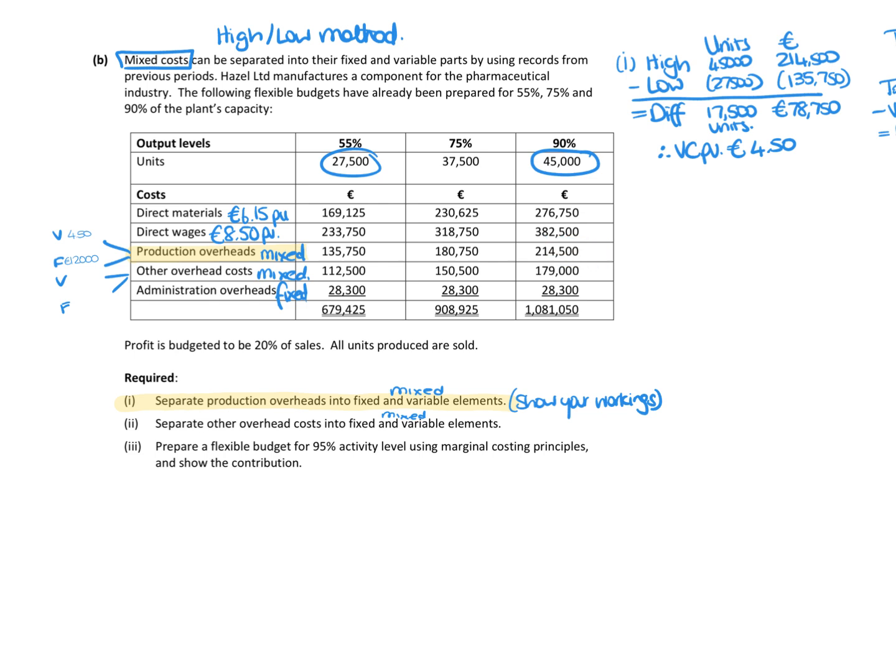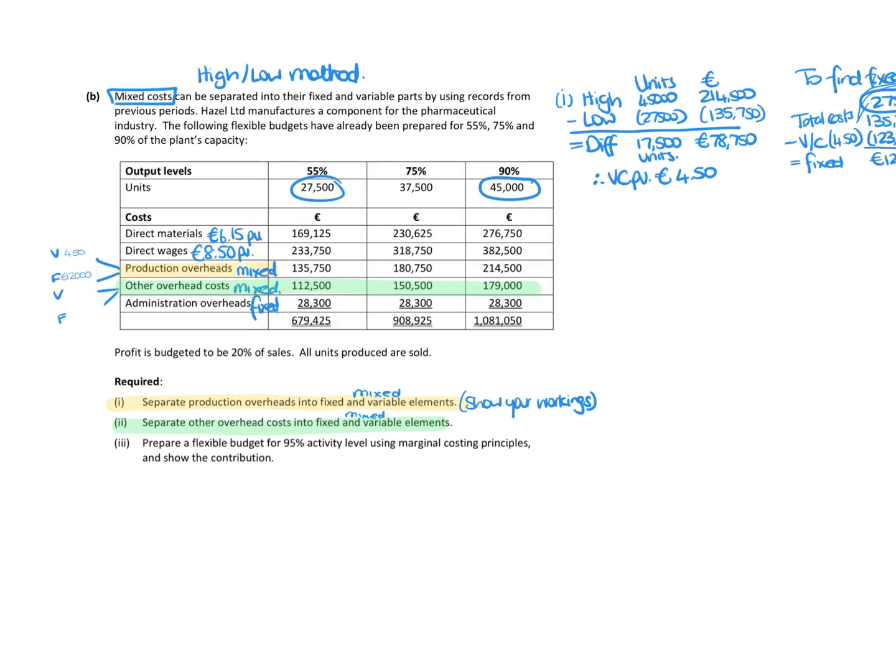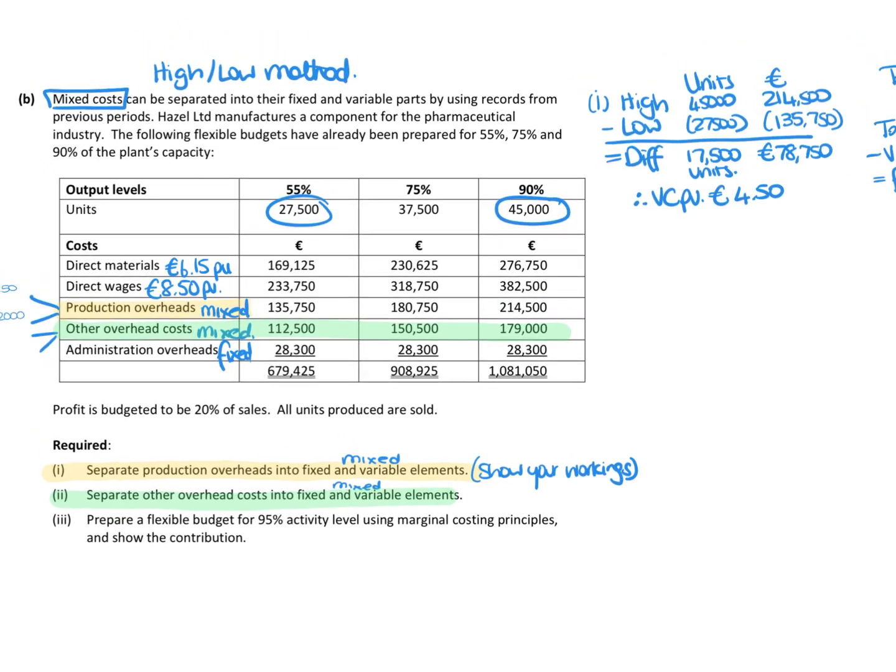Okay, the next part then is asking us to get that for other overheads. Okay, so separate other overheads into the fixed and variable elements. So we're going to do the exact same thing. We're going to look at the high-low method for that as well. Okay, so we have high minus low is equal to the difference.